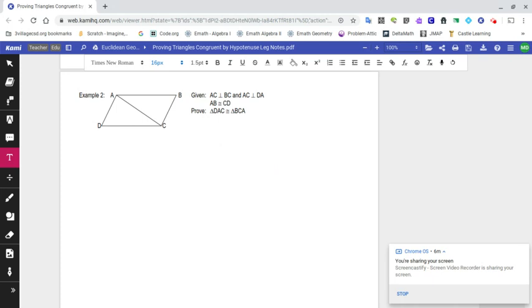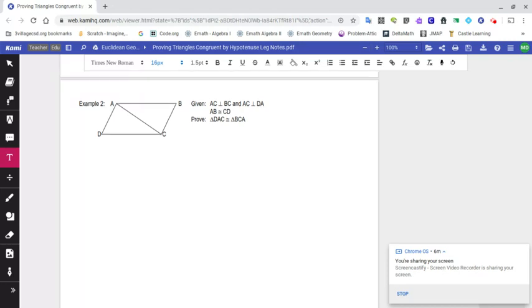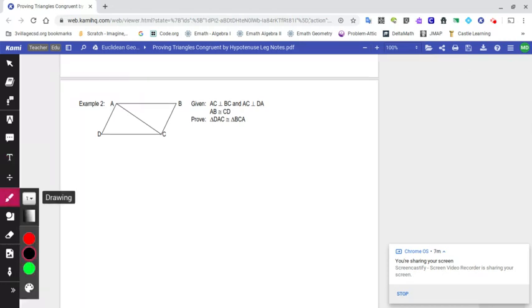So here's the second one. AC is perpendicular to BC, so that's going to say this is a right angle in here. And AC is perpendicular to DA, so this is a right angle in there. Again, you're not going by the appearance. Maybe they don't look like right angles to you, but you're going by what you're told.